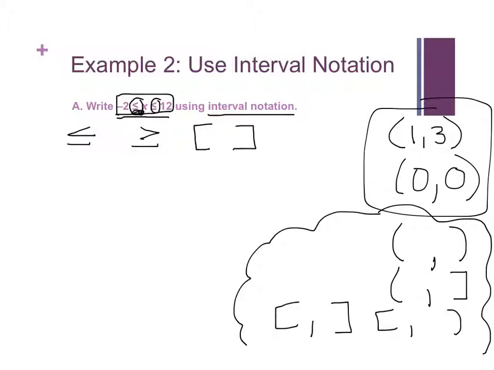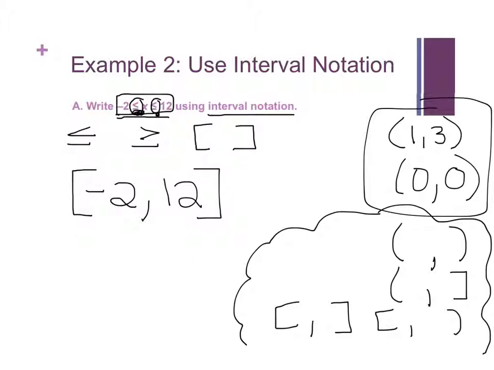So this is greater than or equal to here and less than or equal to here. And so what we're going to do to write our interval notation is we're going to use a bracket, -2, comma, 12, bracket. And again, the reason why I'm using the bracket is because we are including -2 and 12 in our interval.